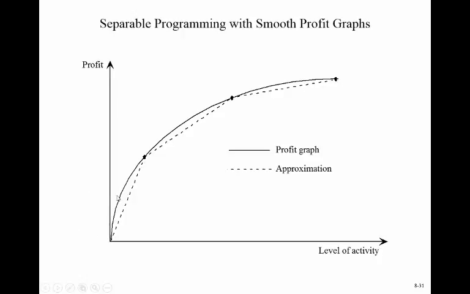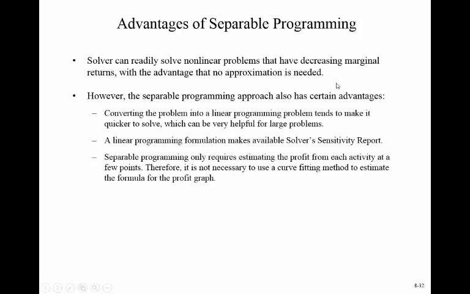So again, it might be a true smooth function, which is the profit graph here. But what we're going to do is approximate it by using a series of line segments. And so, again, Solver can readily solve nonlinear programs that have decreasing marginal returns, with the advantage that no approximation is needed. However, the separable programming approach has these advantages.